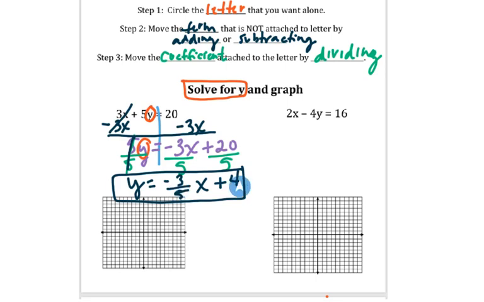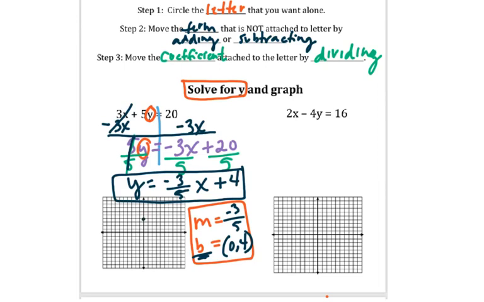So now that I have a slope and a y-intercept, that means that I have an m and I have a b. So I'm going to make my information box. My m is negative 3 over 5. My b is going to go in the back of the ordered pair. So now I graph. I begin at 4. These are tiny. Oh my goodness. 1, 2, 3, 4.